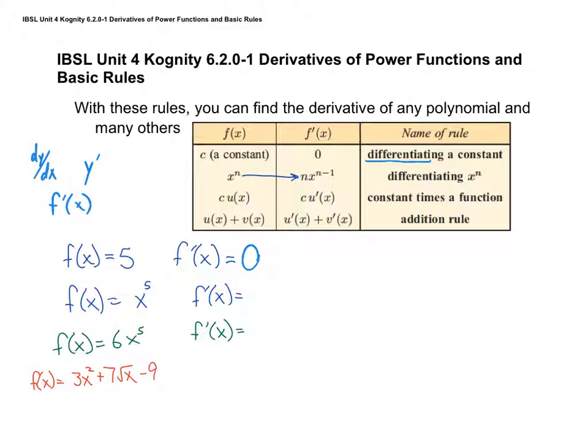The second one is probably the most commonly used one of all of them, and that is differentiating x to a power. X to a power. Now you can see there, x to the n becomes nx to the n minus 1. Can someone put in their own words what's happening here with this rule, Josh?